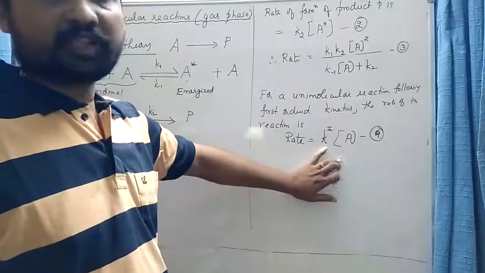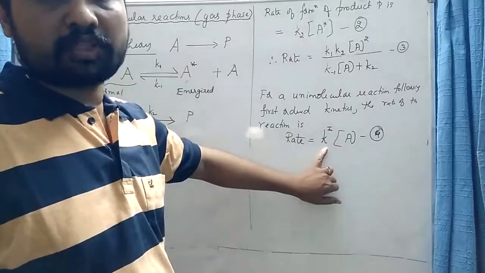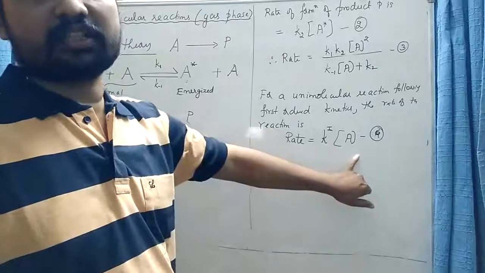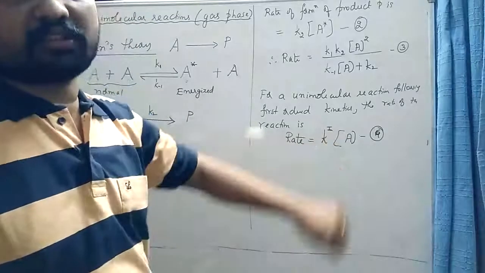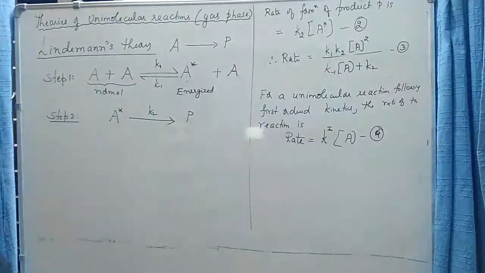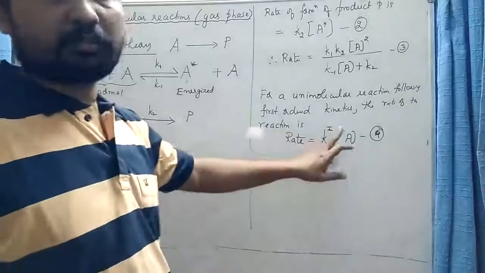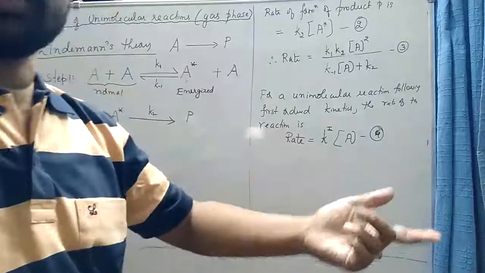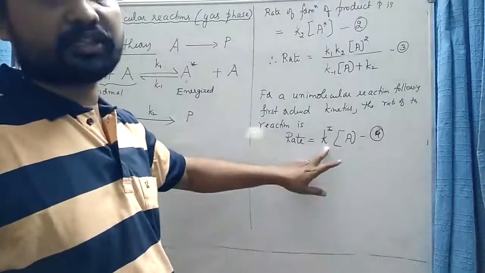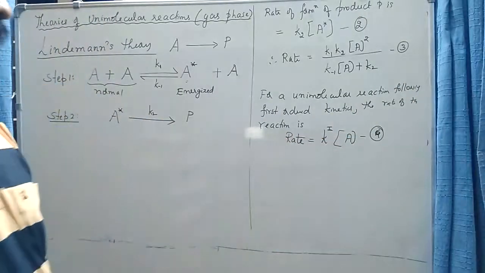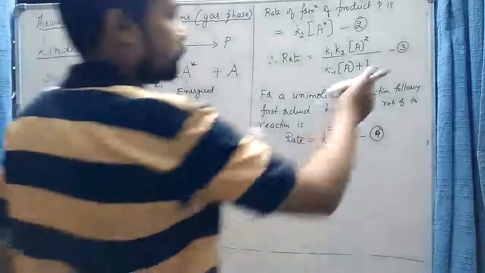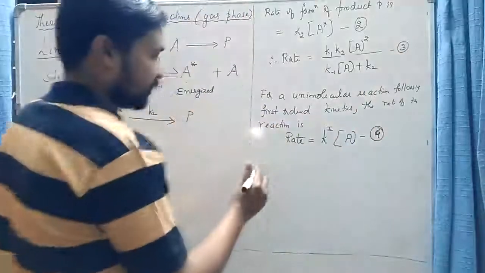But if this K1 value varies with the concentration, what does it mean? This K1 is not actually a rate constant, and K1 represents a first order rate constant. Therefore, if it is not a rate constant, it means that the reaction should not be a first order reaction. So what we will do is we will compare equation 3 and equation 6.